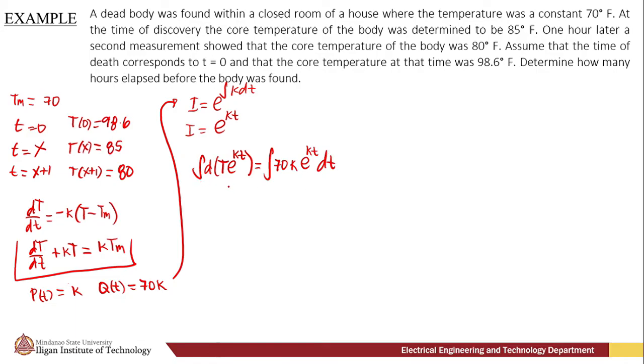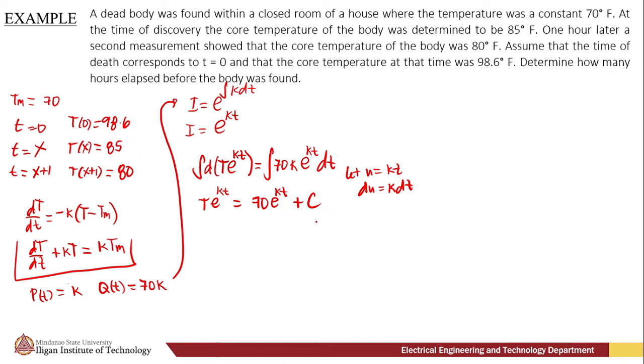The integral of the left-hand side is just T e raised to kt. The integral on the right-hand side is 70 e raised to kt plus c. We let u equal kt and du equal k dt, so you get 70 e raised to kt plus c.